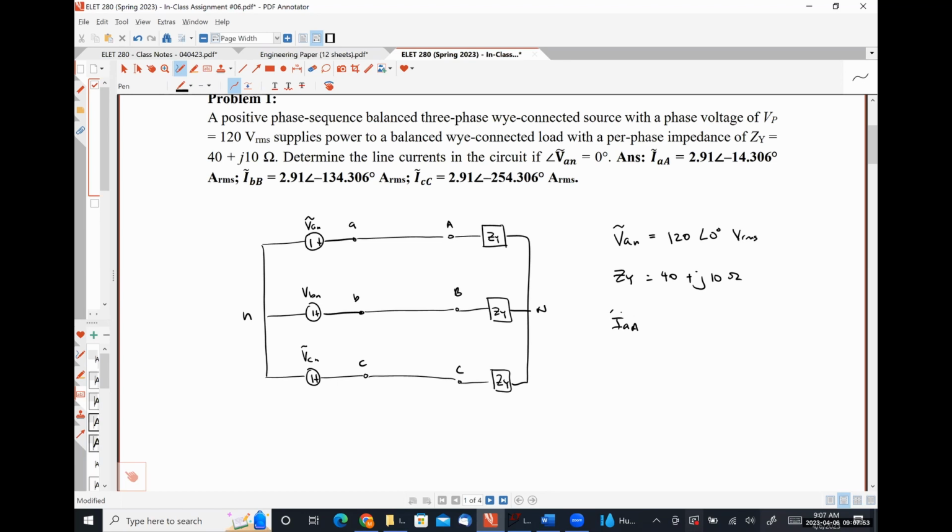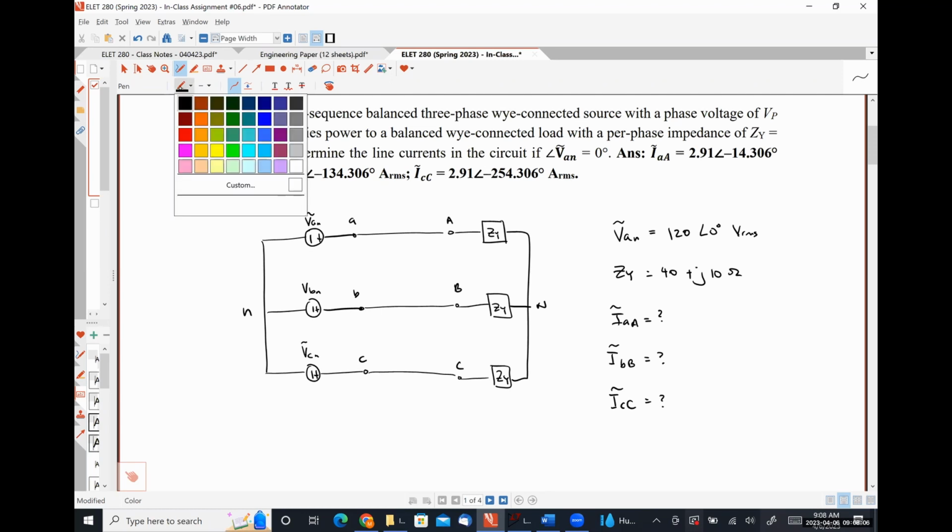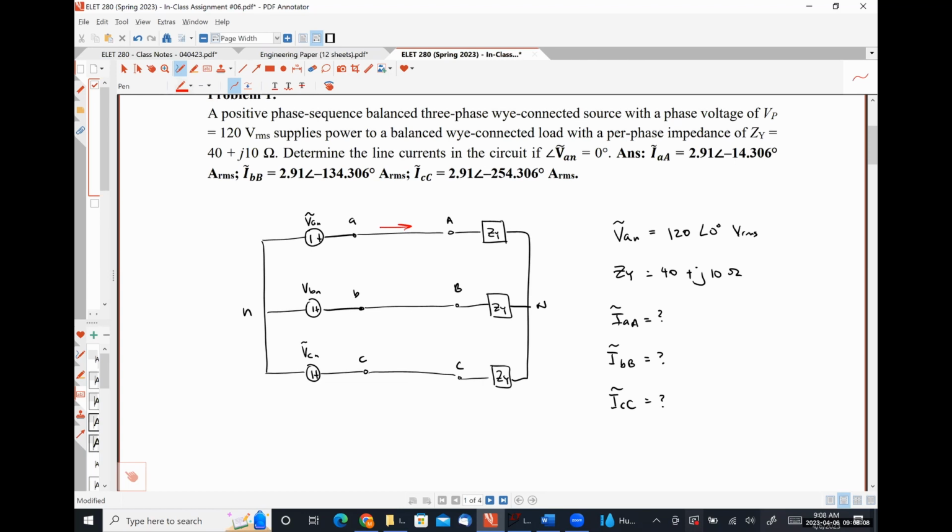So our line currents in this system are going to be IAA, IBB, and ICC. While we're at it, I'll just draw them on the figure as well. Like so.